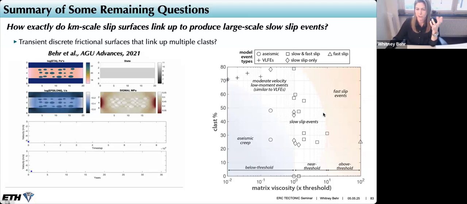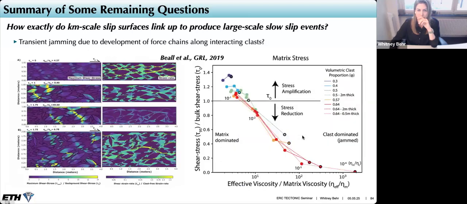The viscosity window where slow slip is expected tends to widen for higher clast densities, since it sets up overall higher stresses in the shear zone between the clasts. So this is just one possible way that we could perhaps envision heterogeneities linking up.